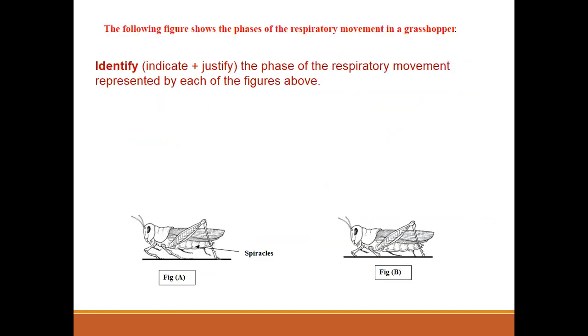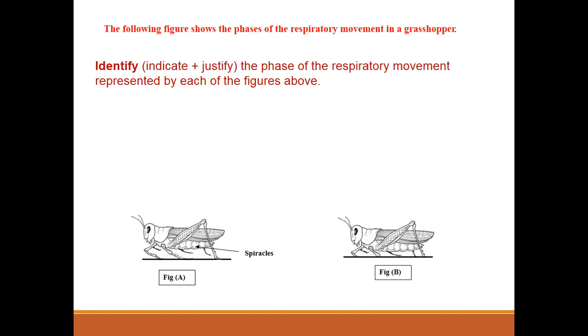The second exercise. The following figure shows the phases of the respiratory movement in grasshopper. Identify, which means indicate plus justify, the phase of respiratory movement presented by each of the figures above.